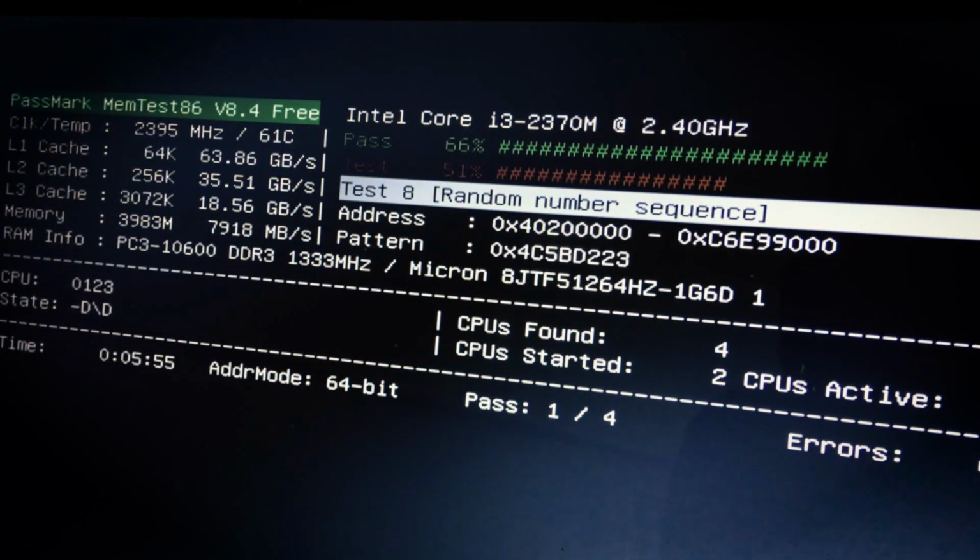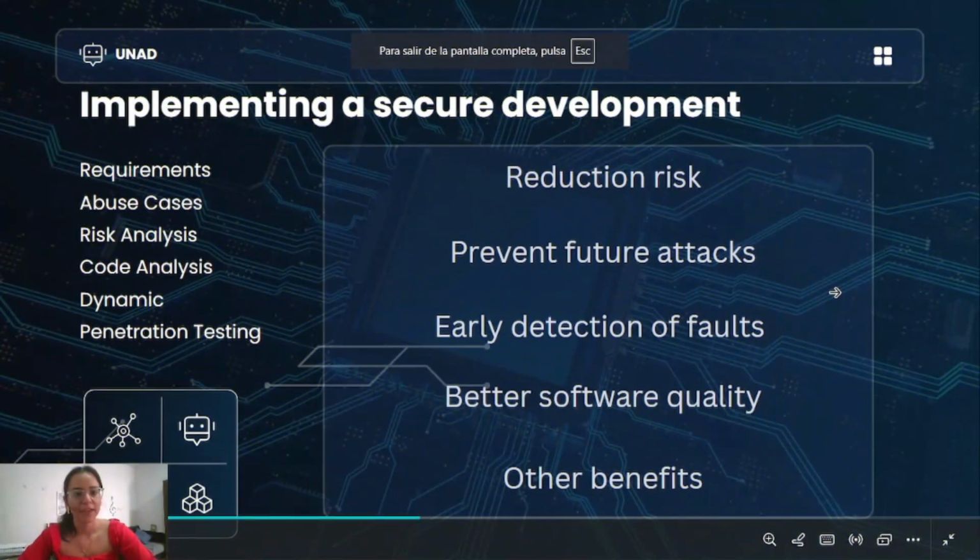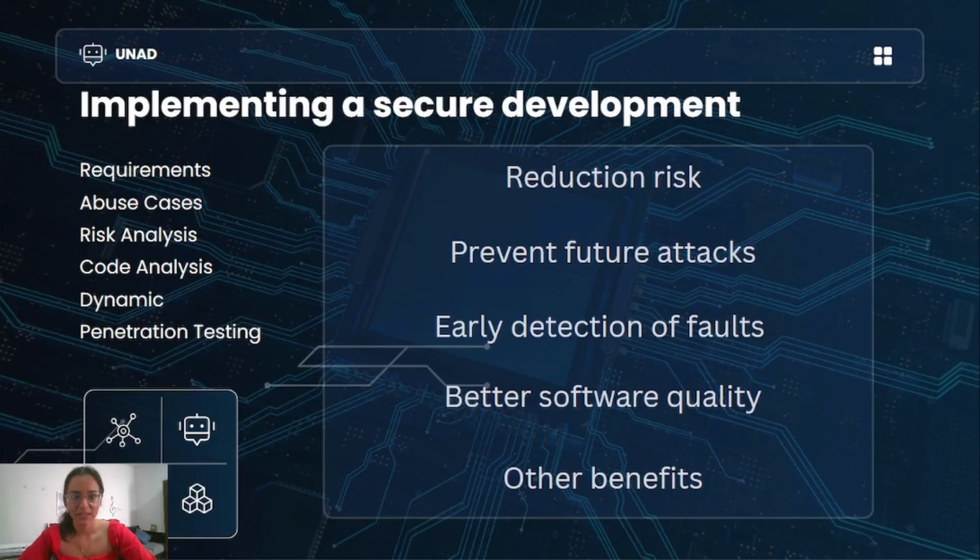Information security under business continuity prevents planned outages. Some of the benefits of implementing security development include reduced risks, preventing future attacks, early detection of faults, better software quality, and other benefits.